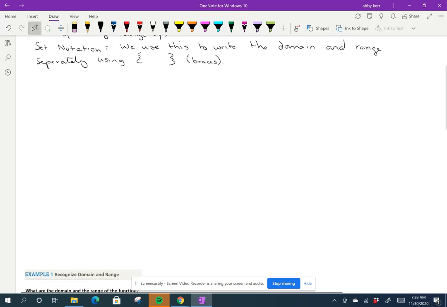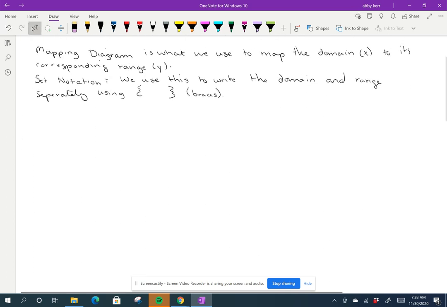Now, mapping diagram and set notation have two rules to write.